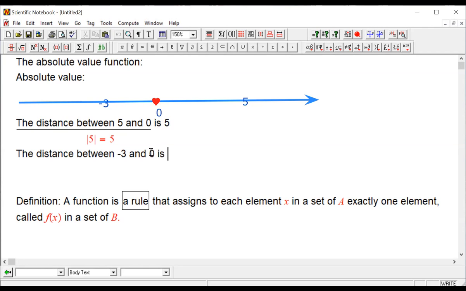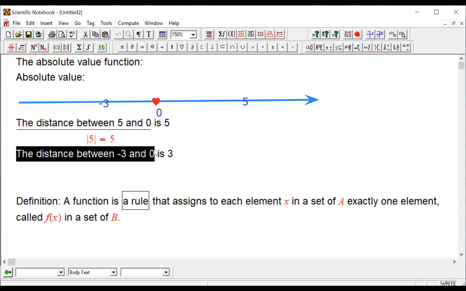There are 3 units, so it is 3. We just care about how many units between these two numbers. We don't care about the direction, whether it's on the left-hand side of 0 or on the right-hand side of 0.